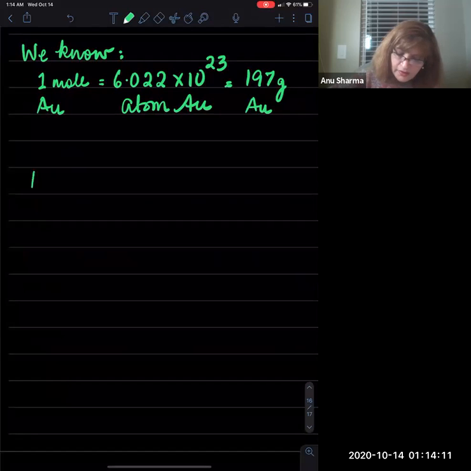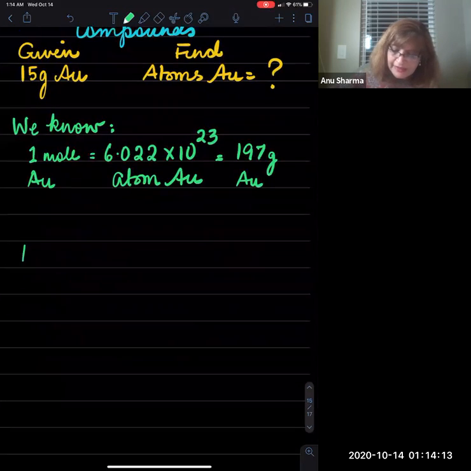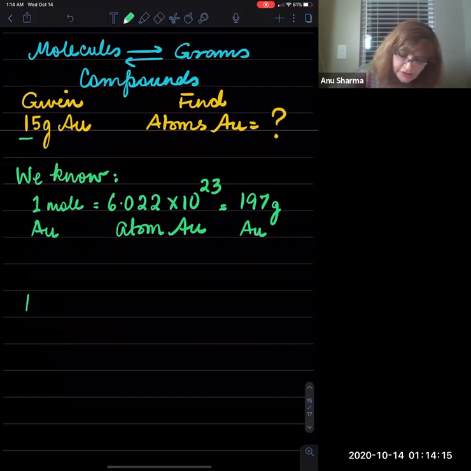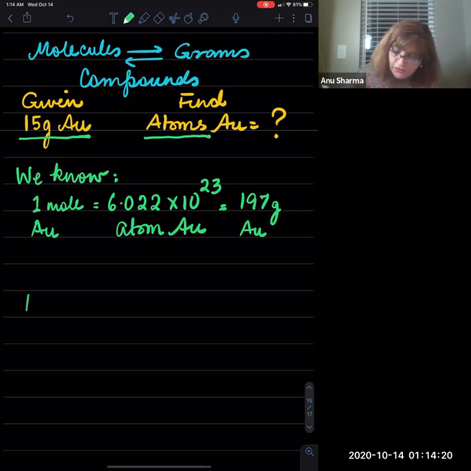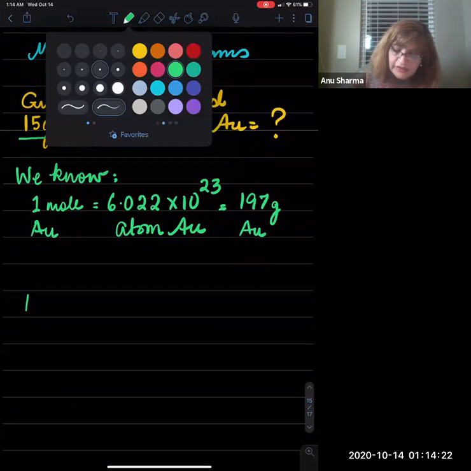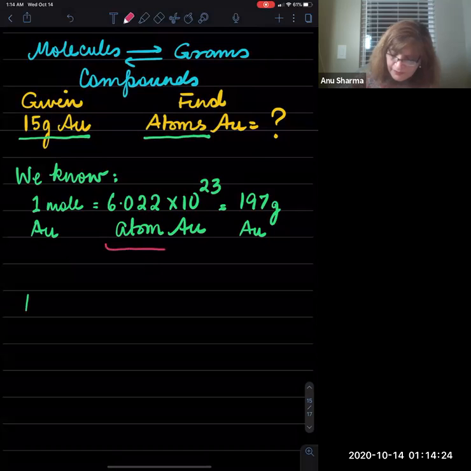Okay, so now we have 1 mole of gold. Out of these three, we are looking at a relationship of the grams and the number of atoms. So we are going to be focusing now on these two equalities. What does this mean?